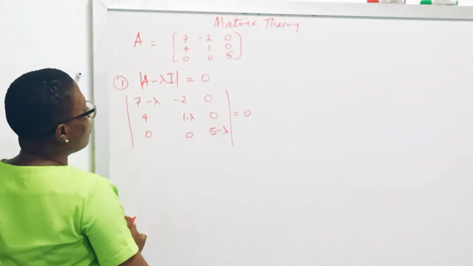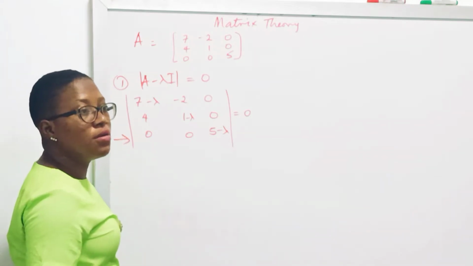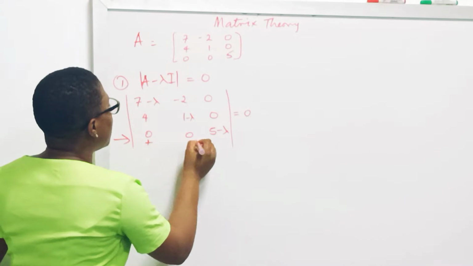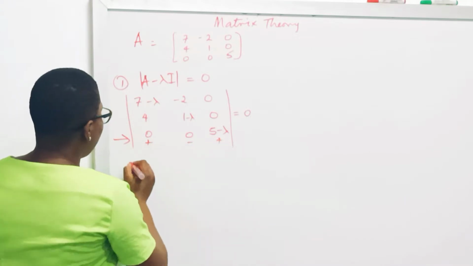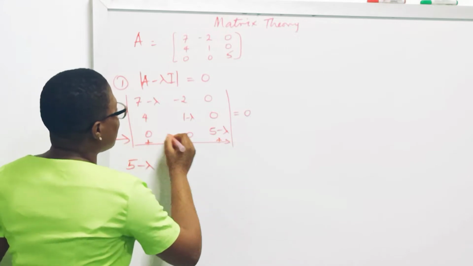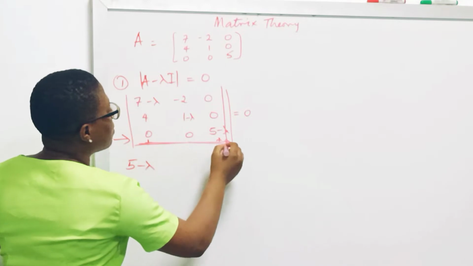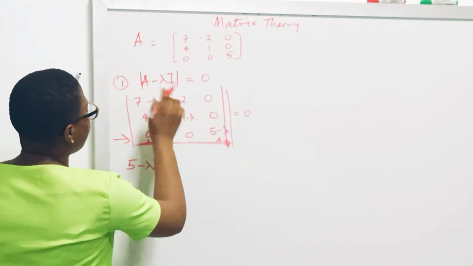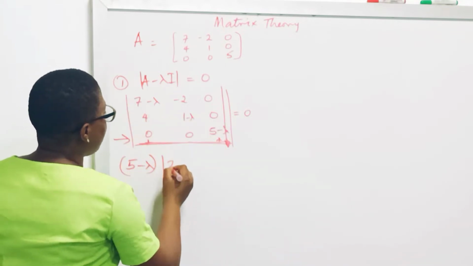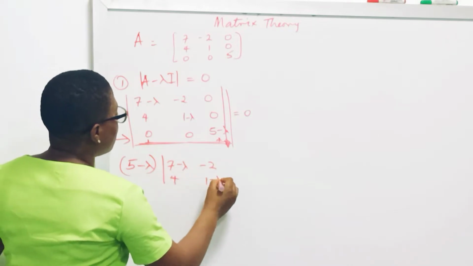The determinant of this is easiest computed along the last row. The signs are plus, minus, plus. So we have 5 minus lambda, and I close off the last row and the last column, times the determinant of 7 minus lambda, minus 2, 4, 1 minus lambda.